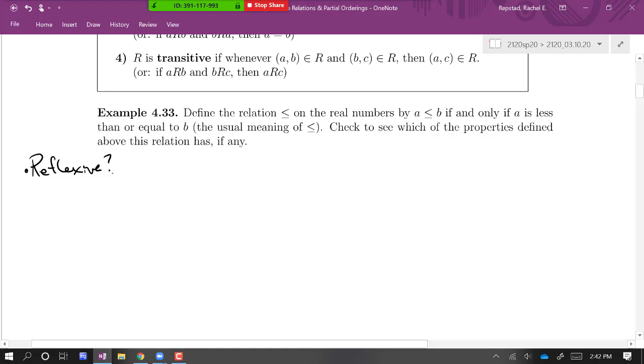Yes. Okay, everything's related to itself. Why? So we're checking to see, is it reflexive? I've heard two people say yes, and I agree, but we need to be able to say why.